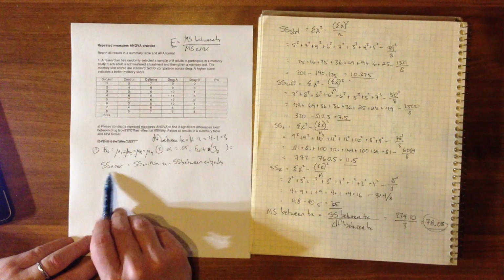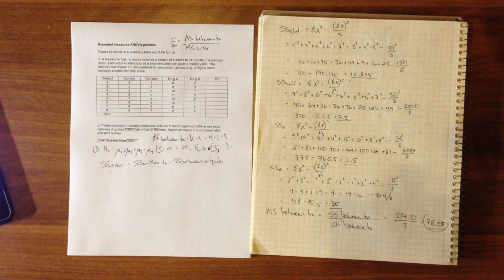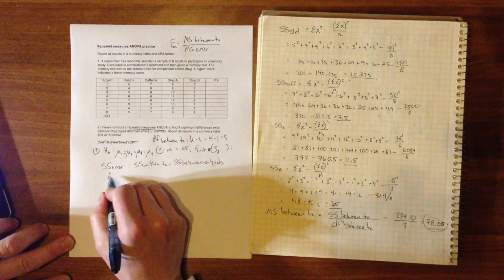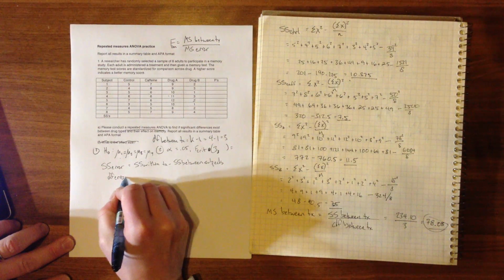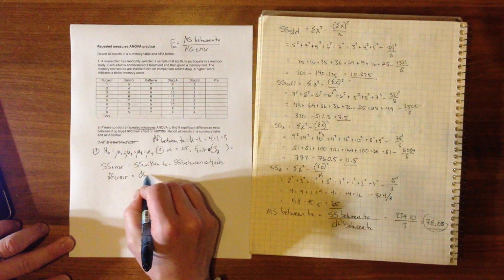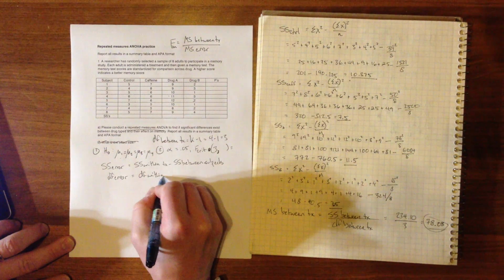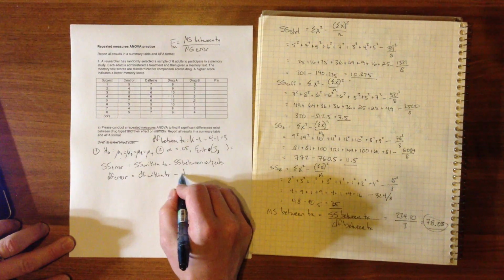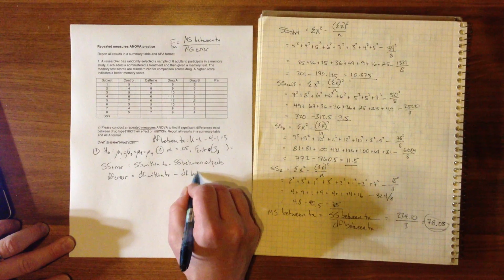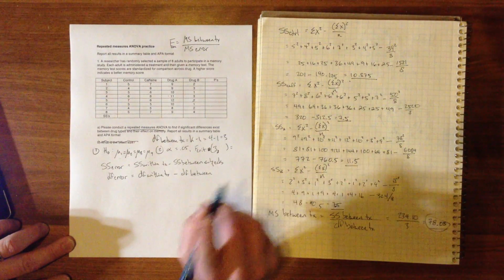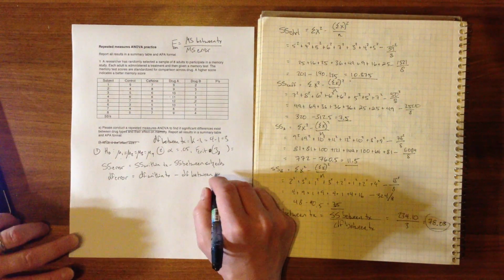So if we get SS error by subtraction, then we get DF error by the same subtraction. It equals DF within treatments minus DF between subjects.